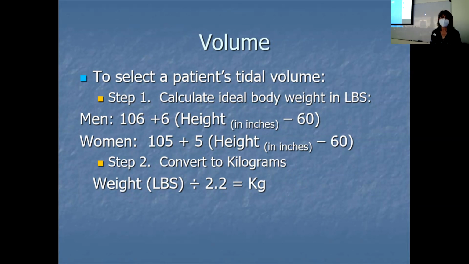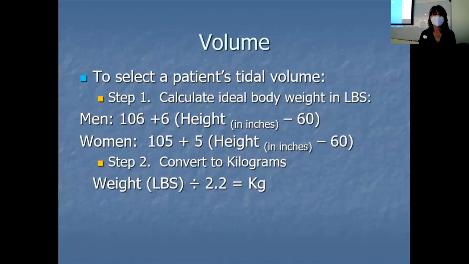So what you have to do is figure out what somebody's ideal body weight is. And there's a formula. You have to know the person's height in inches, and you plug it into the formula. You subtract 60 from the height. We kind of work this formula backwards. Then you multiply by 6 for men, and you add 106 to that number.